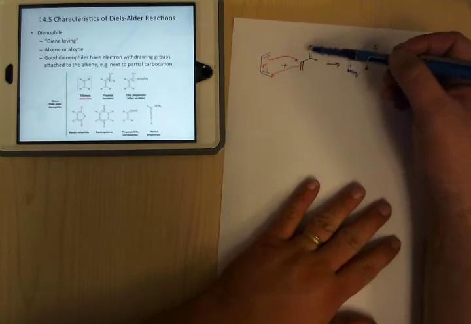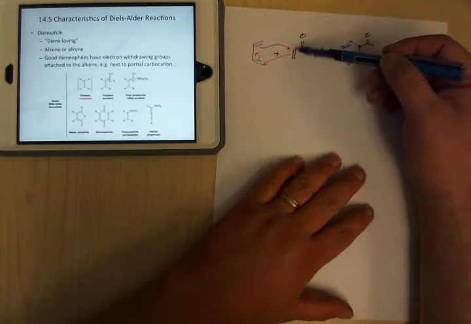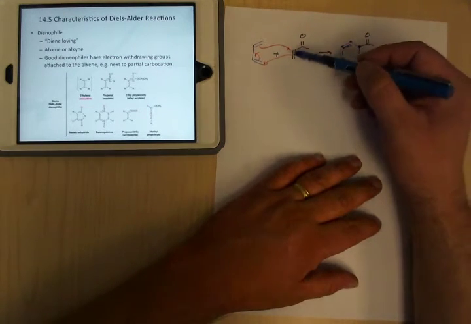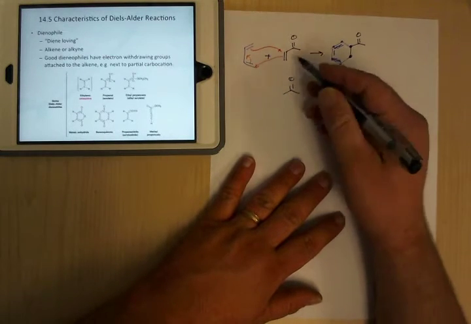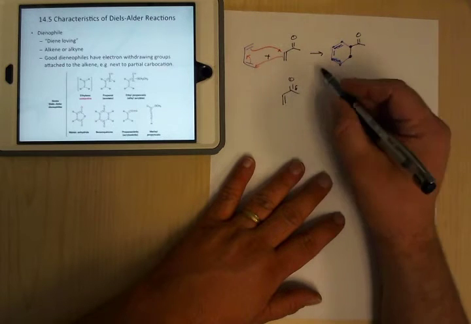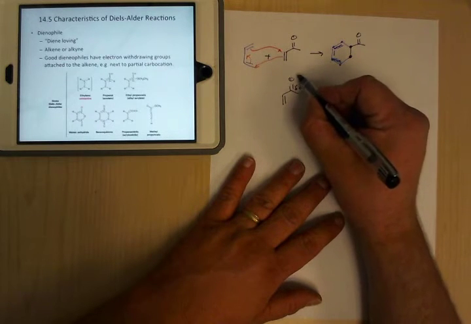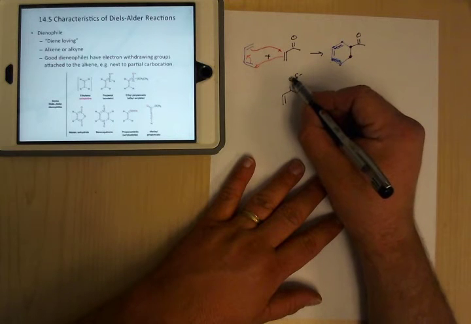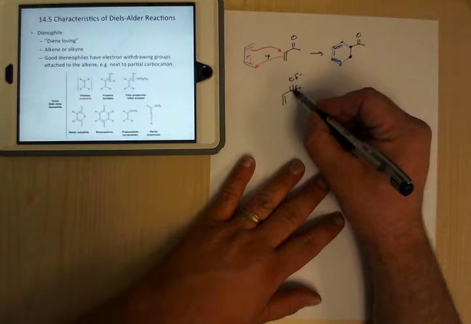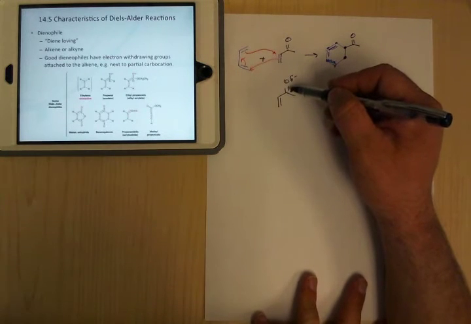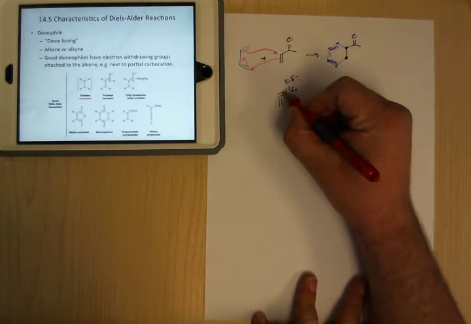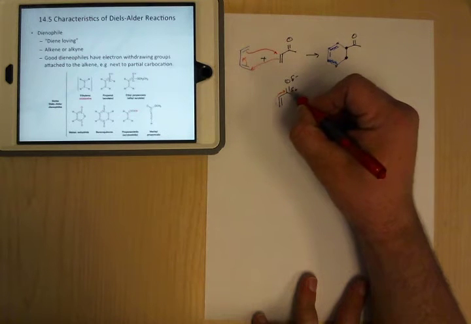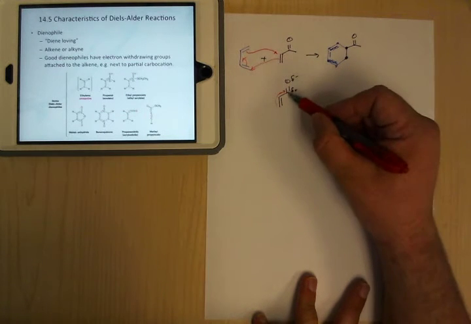You want this to have low electron density. In this case, the oxygen is more negative than the carbon here, so this is going to be positive charge, and the electron density is getting swooped this way, away from this double bond, to satisfy the electron needs for this carbon here.